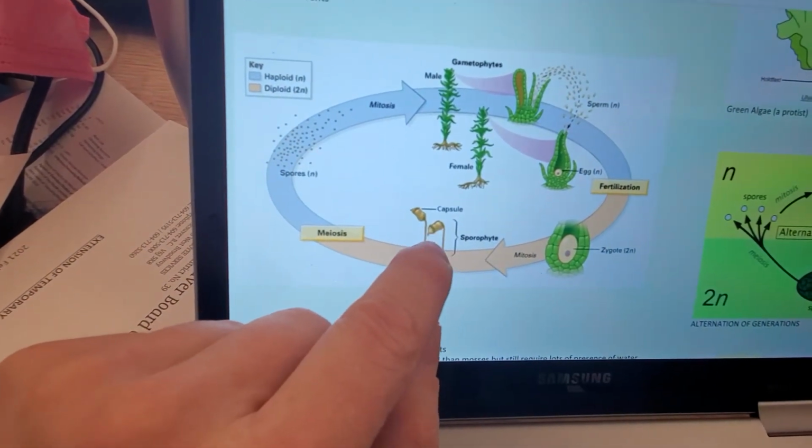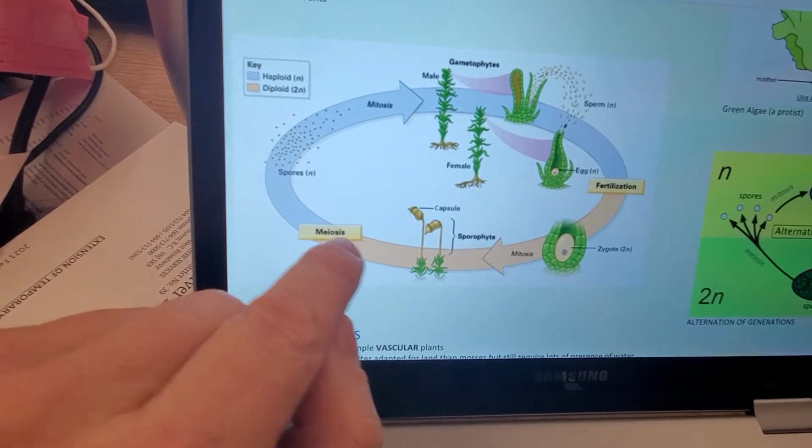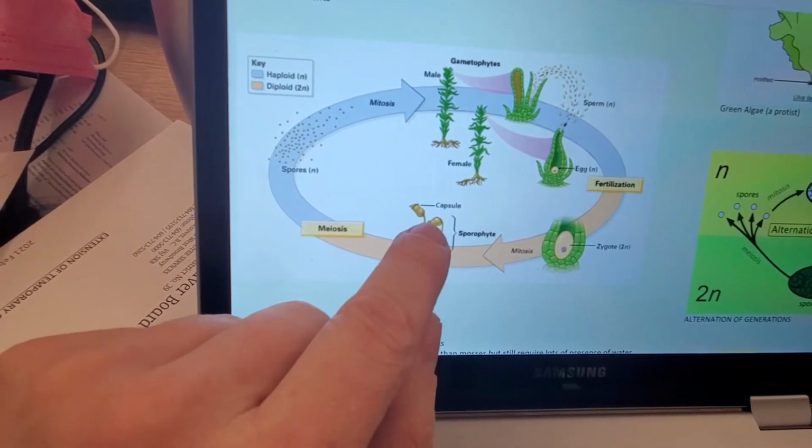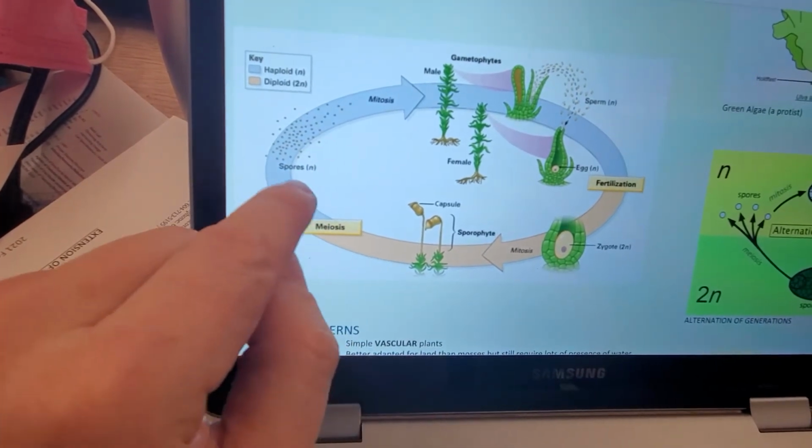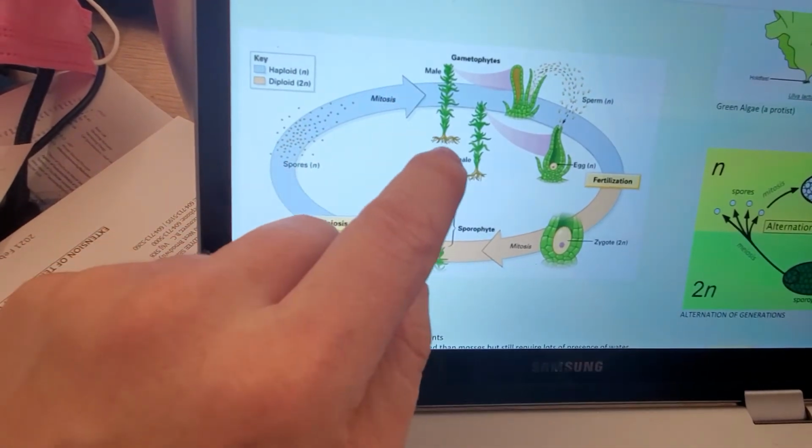And then it produces, through meiosis, so it goes from being 2N, diploid, to being 1N, and it releases the spores. The spores just land on the ground. They start to do mitosis, so cell division, and they grow into male and female gametophytes.